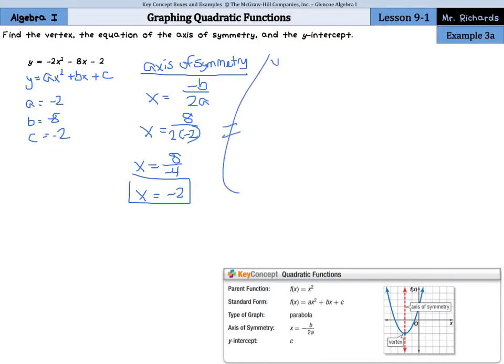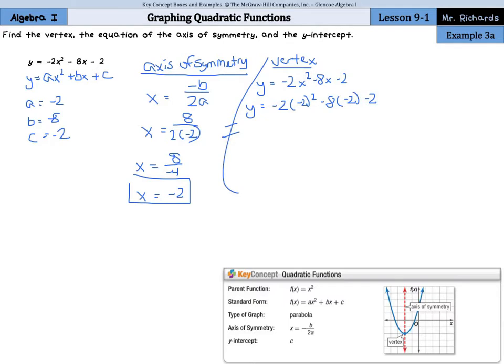What about the vertex? Well, to find the vertex, use this value that we found for the axis of symmetry as the x-coordinate of the vertex. To find the y-coordinate, we'll substitute that value for x in the original equation. So we'll take our y equals negative 2x squared minus 8x minus 2, and we'll put in negative 2 each time we have the x. So y equals negative 2 times negative 2 squared minus 8 times negative 2 minus 2.